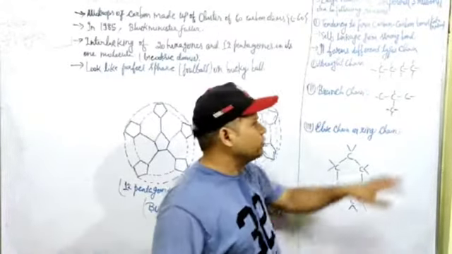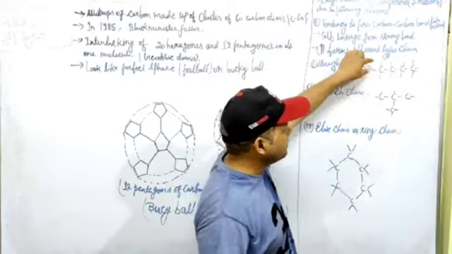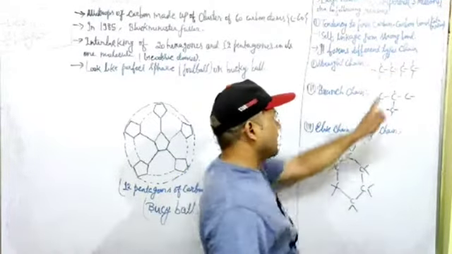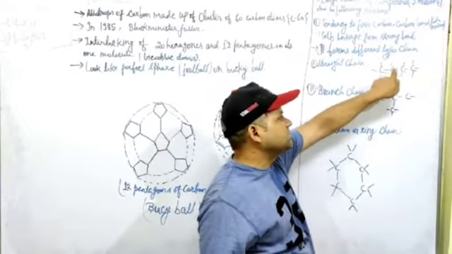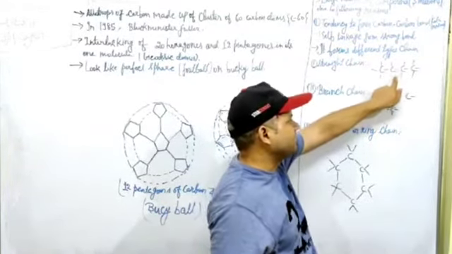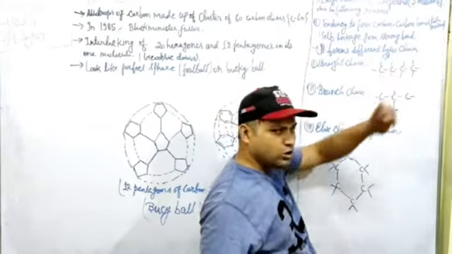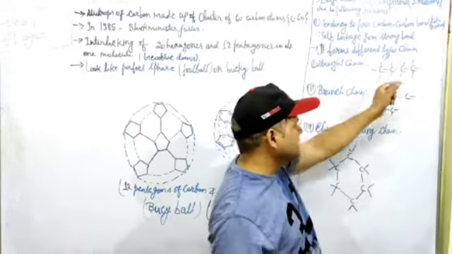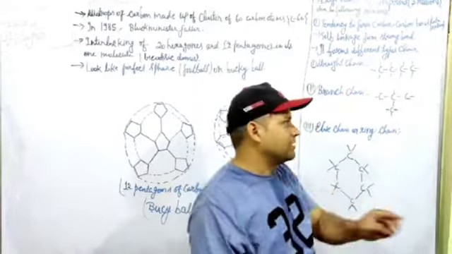Now try to understand. Here one carbon atom has 4 bonds, 1, 2, 3, 4. Now this bond is formed with these carbon atoms. This also has 4 bonds, 1, 2, 3, 4. This bond is shared between 2 carbon atoms.